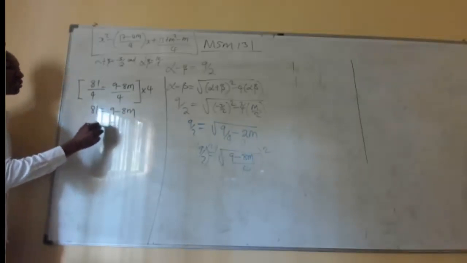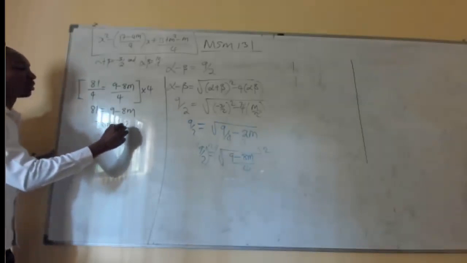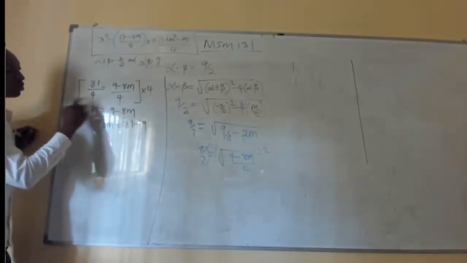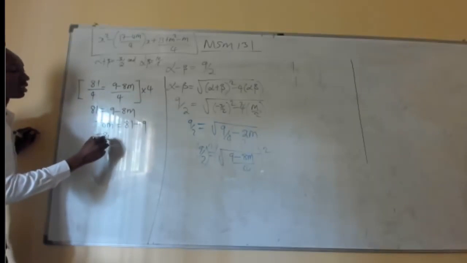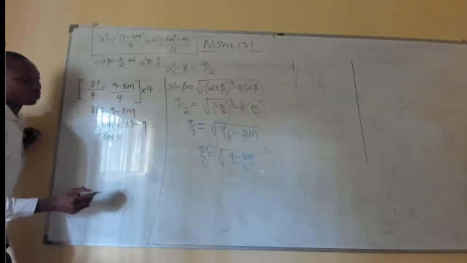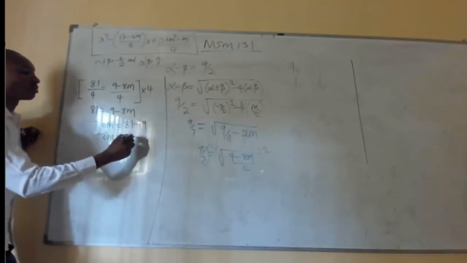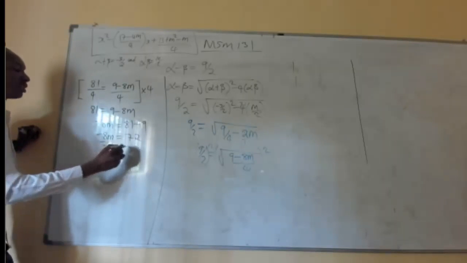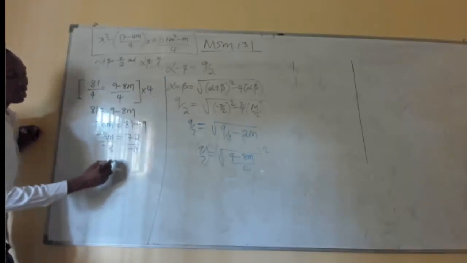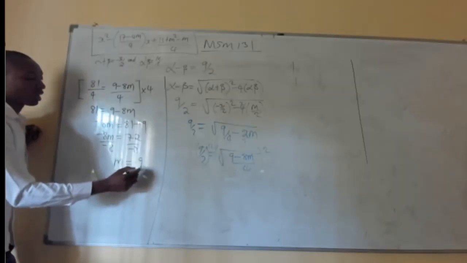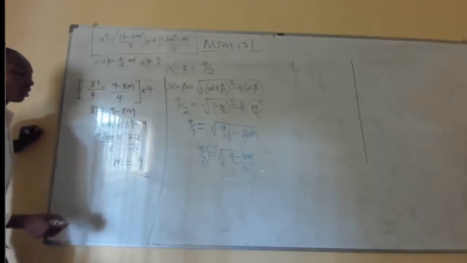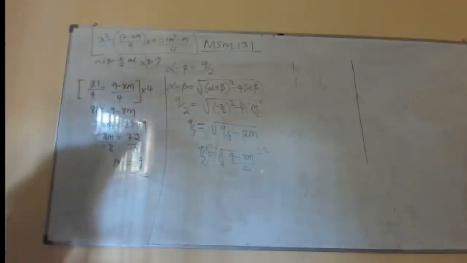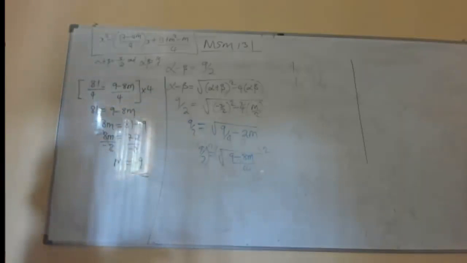Now we have negative 8m is equal to 81 minus 9, because when the 9 goes to the other side, we have negative 8m equal to 72. Divide over negative 8 over negative 8. Remember, 8 times 9 is 72. So this is simply negative 9. That's your m.